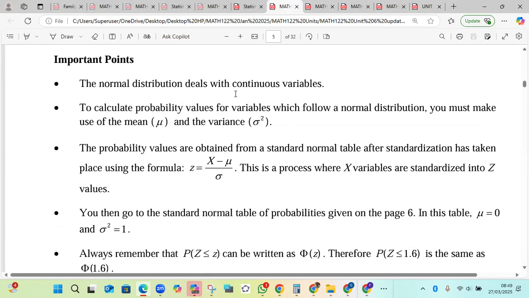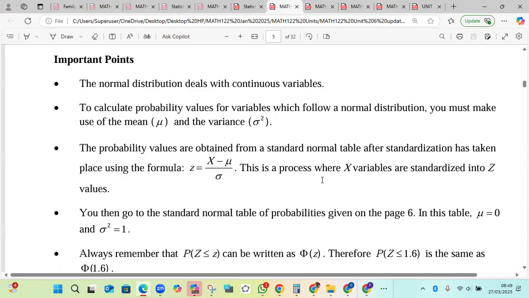The normal distribution deals with continuous variables. To calculate probability values for variables which follow a normal distribution, you must make use of the mean, the population mean, and the variance, the population variance. The probability values are obtained from a standard normal table after standardization has taken place using the formula Z is equal to X minus mu over sigma.